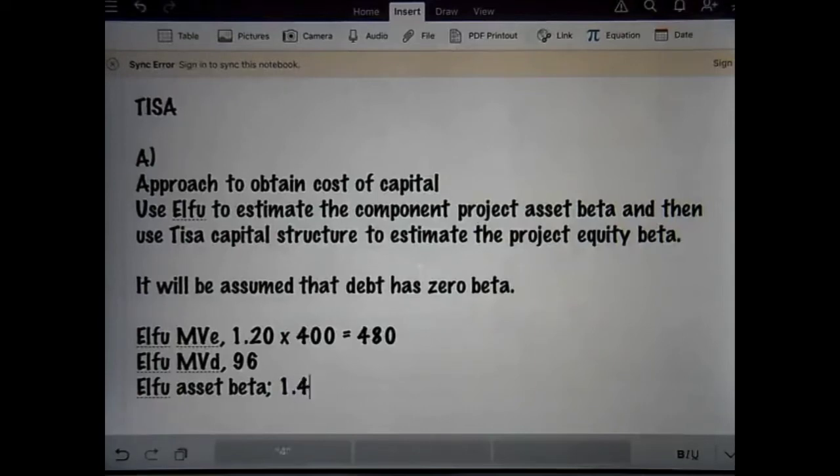Equity beta is 1.4, times 480 divided by 480 plus 96, times 0.75. Right, can you get that? Did you get that?